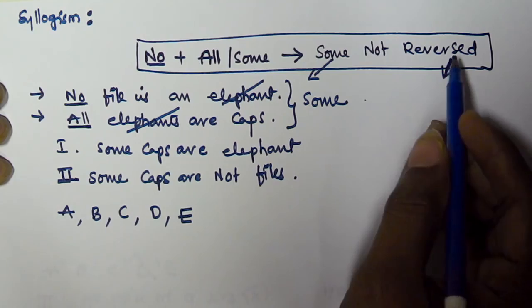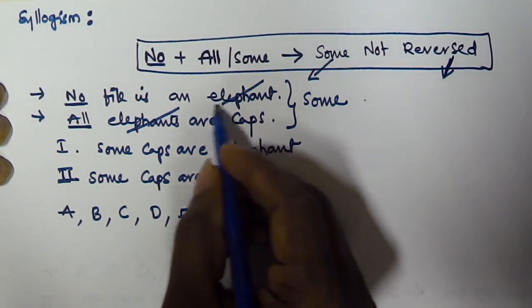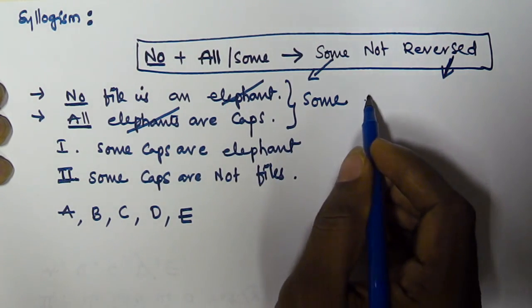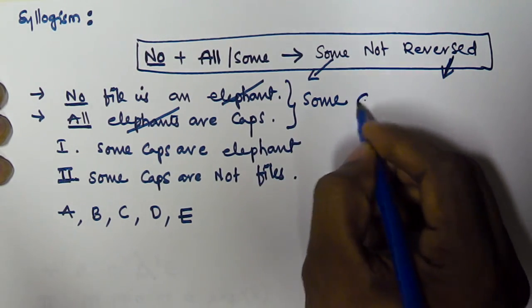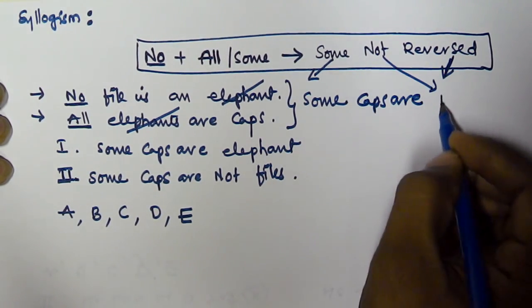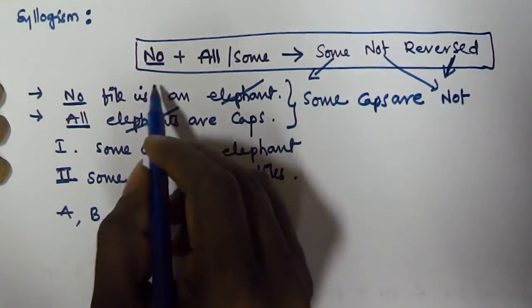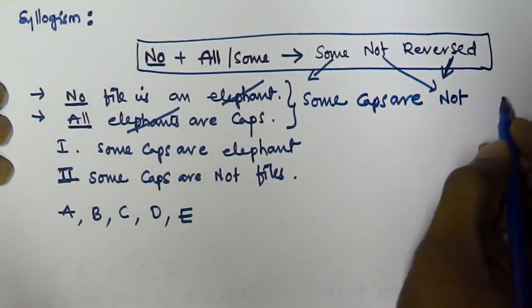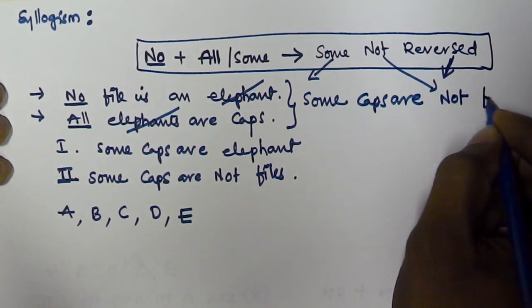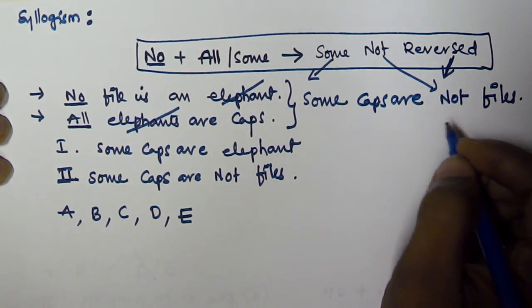But here it is reversed, so the predicate of the second one becomes the subject. So that is: some caps are, then we take not, and then the subject of the first one as the predicate. So some caps are not files. This is the conclusion.